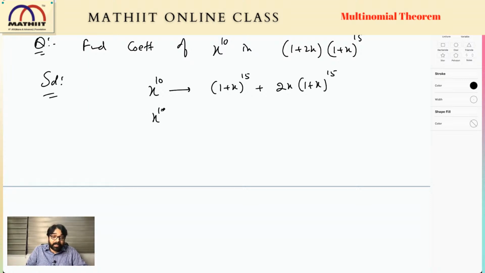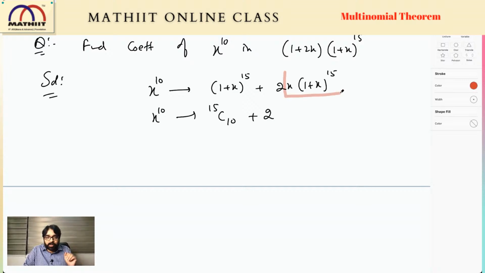We can write it by this, we can multiply. Means x power 10 in this will be what? That we know, 15C10. Plus, watch very carefully everybody, 2 as it is, constant as it is. I want the x power 10 coefficient. Listen to me carefully. 2 cannot give x power 10.